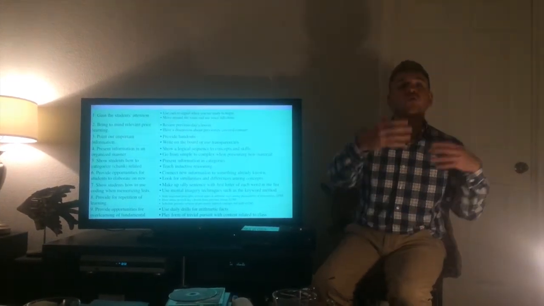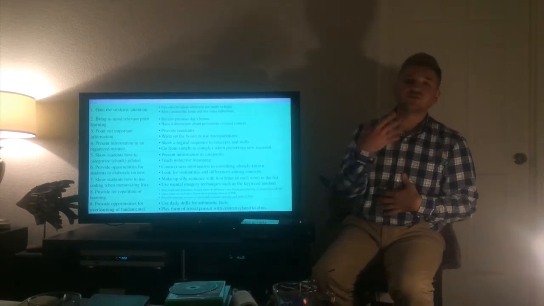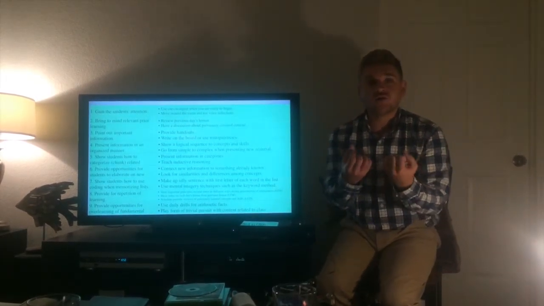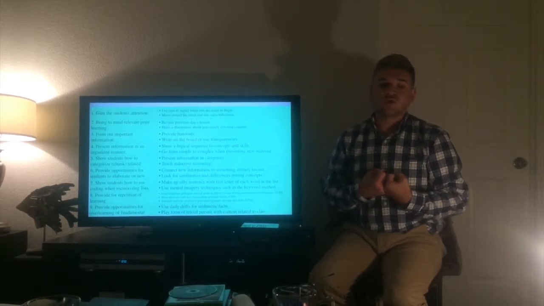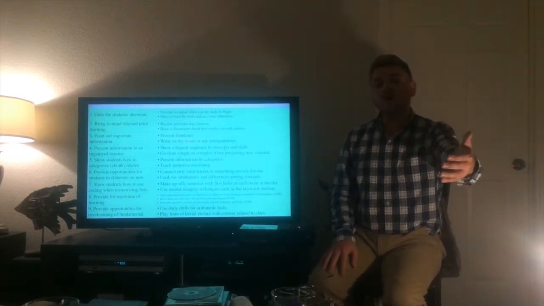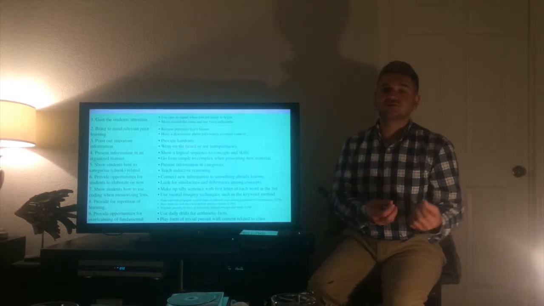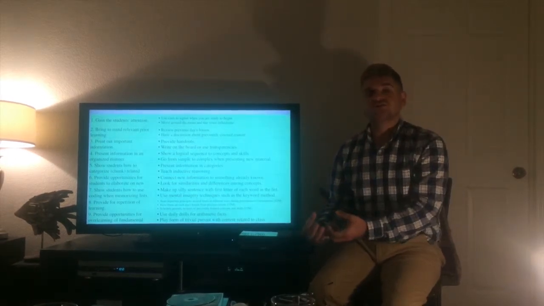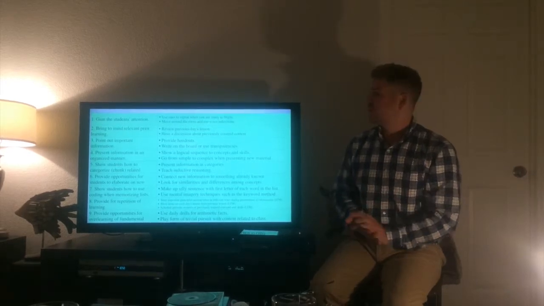We might move around the room, and moving around the room and using different inflections in our voice, we draw the listener's attention to what we are saying, the information we're giving them. This is all part of our sensory memory, right? These are things that we do as teachers to get the student ready to receive the new information.